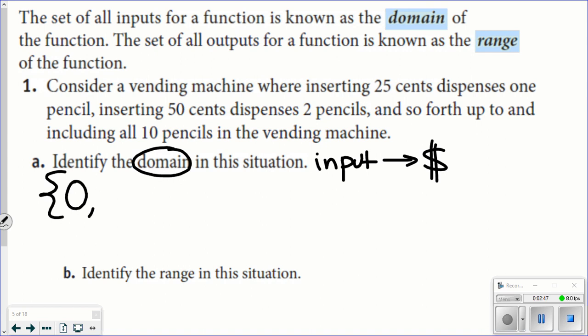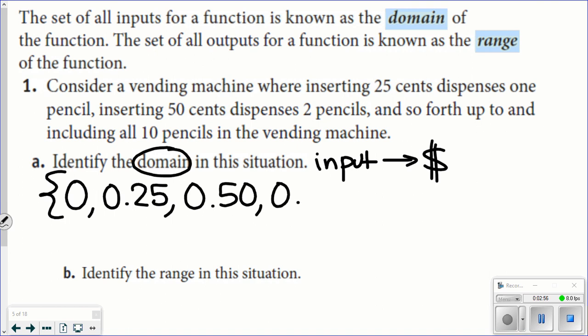If I need 1 pencil, I have to put in 25 cents. Then I need to put in 50 cents for 2 pencils, 75 cents for 3 pencils. So I want you to pause and keep going until you get your maximum amount of money, and you have to figure out what that is for 10 pencils. Go ahead and try it.